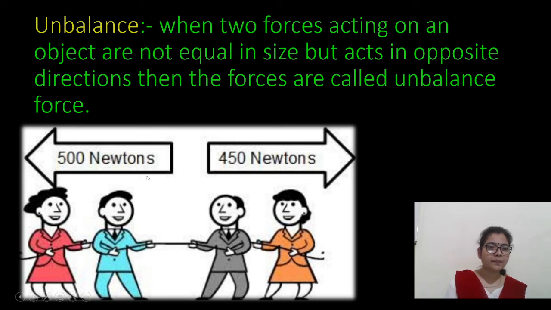These people are applying 500 newton force while these are applying 450 newton. So on this side 500 newton is more and here 450 is less. So in this tug of war they will win the match because they are applying more force, and they can pull the rope towards themselves. So it is an example of unbalanced force.